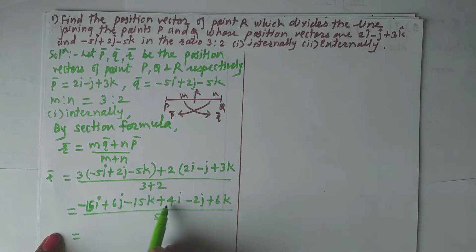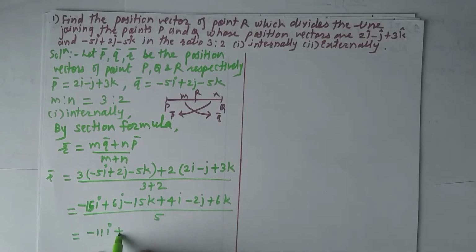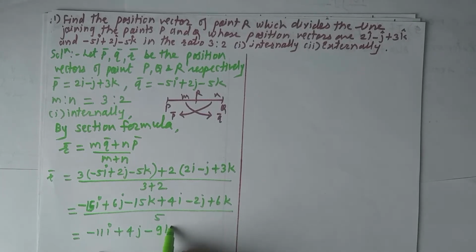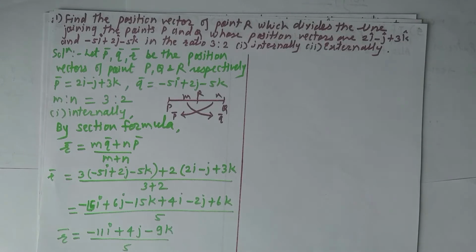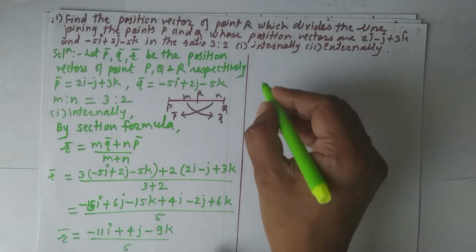Then add the terms. Minus 15i plus 4i will be minus 11i. Then 6j minus 2j will be 4j, and minus 15k plus 6k will be minus 9k, divided by 5. In this way you have got R bar is equal to this. Now I will separately divide each term by 5.